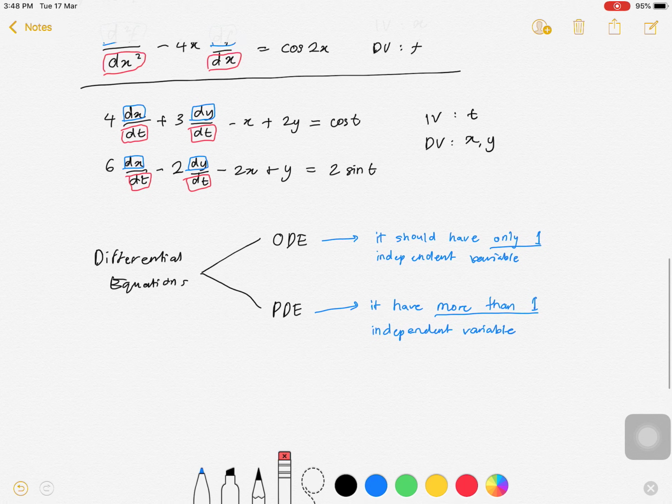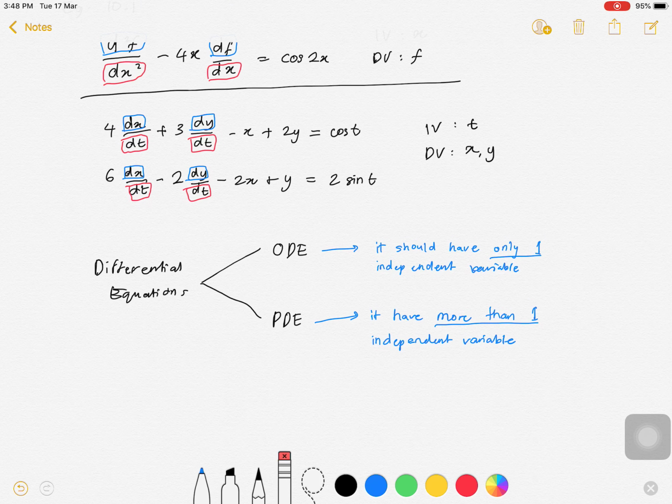In the equations that I showed you just now, we only have one independent variable, but the dependent variable can be more than one. If it is one, it is still an ordinary differential equation, and when it is more, it's still an ordinary differential equation.